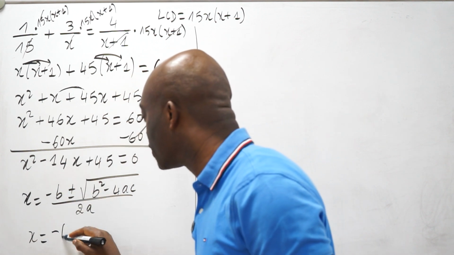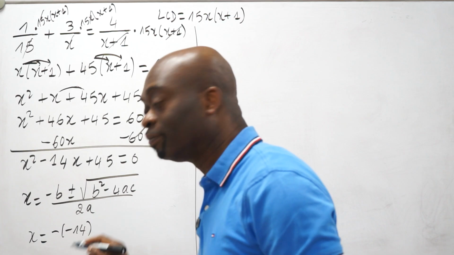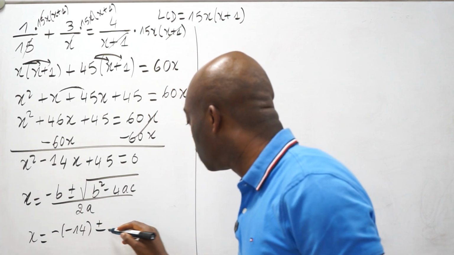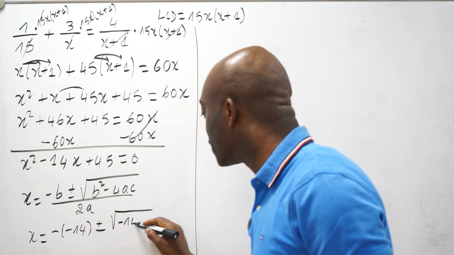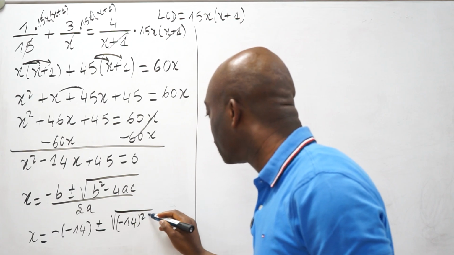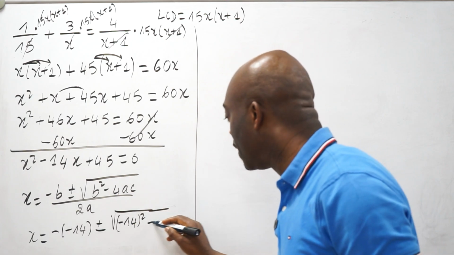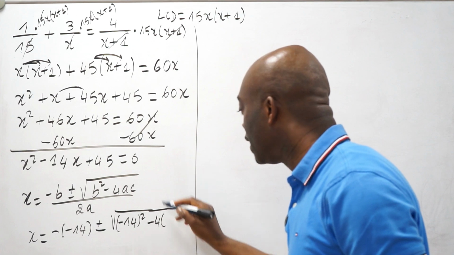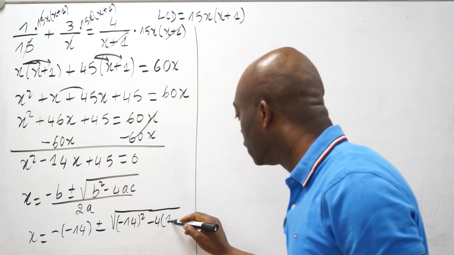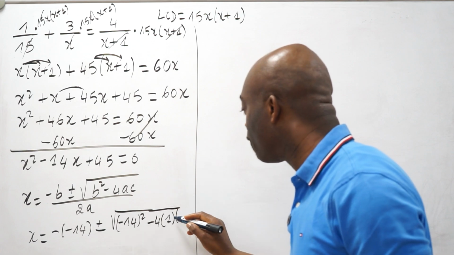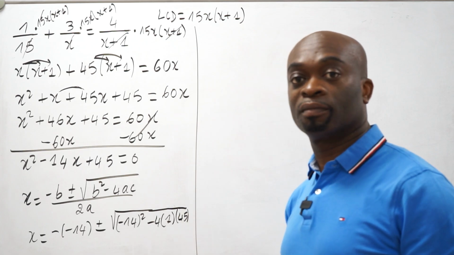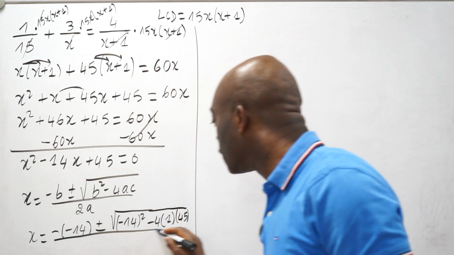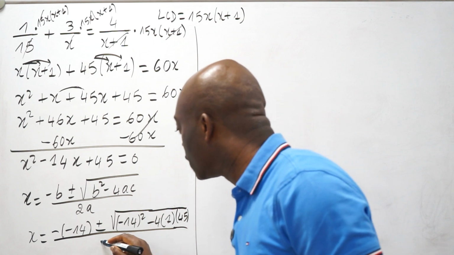So it's minus negative 14 plus minus square root of b squared, so that means negative 14 squared, and then minus 4 times a. a is 1, and c is 45. Divided by 2 times 1.